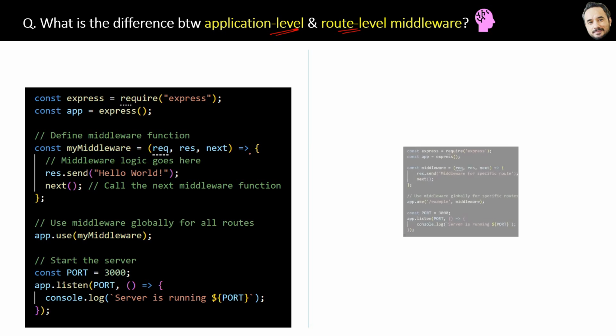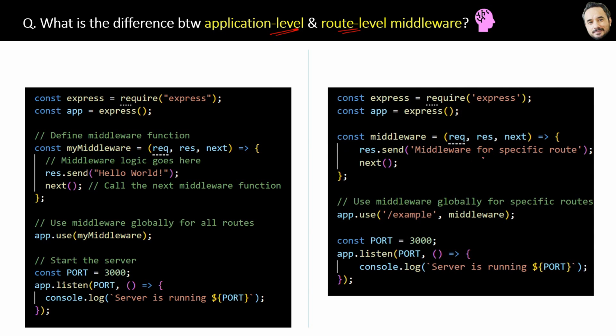Now let's see the code example of router level middleware. Here is our middleware, and it is router level middleware because it will execute only for this specific URL, or you can say this specific route, same thing, and not for others. I already explained this also, right? But why am I covering this separately?